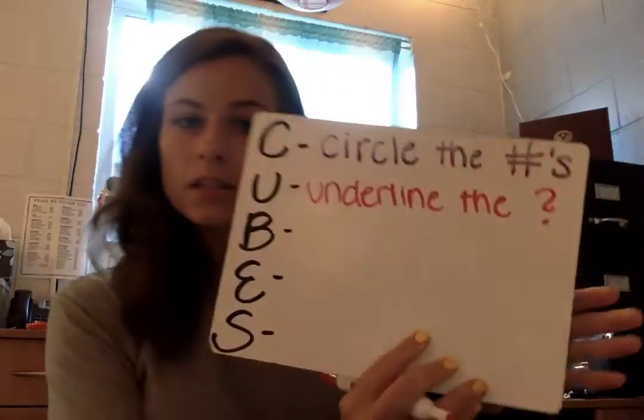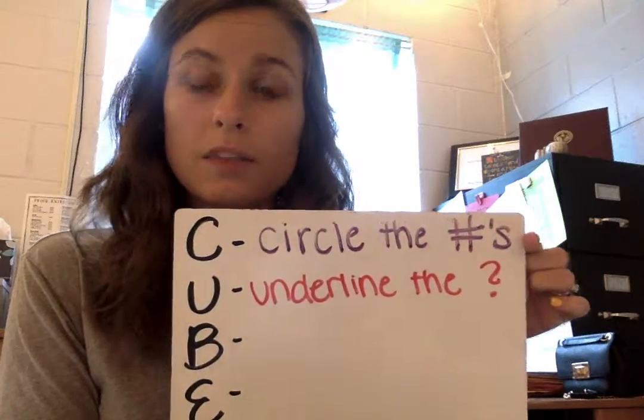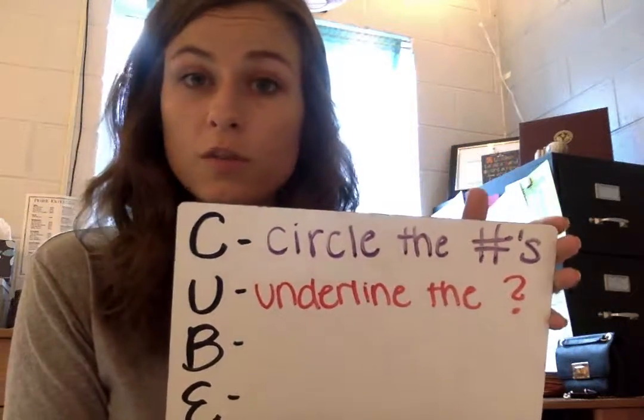Now the U, anyone remember? Yeah, the U stands for underline the question. So we want to circle the numbers. That helps our brain focus on the information we're going to use to solve the problem.